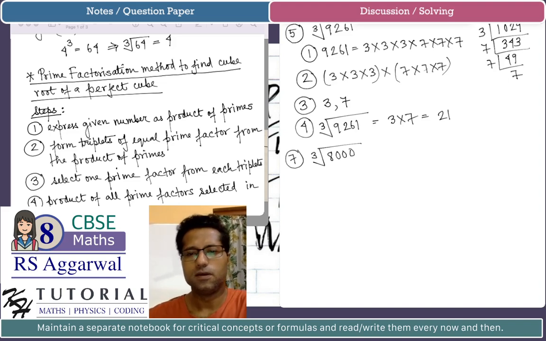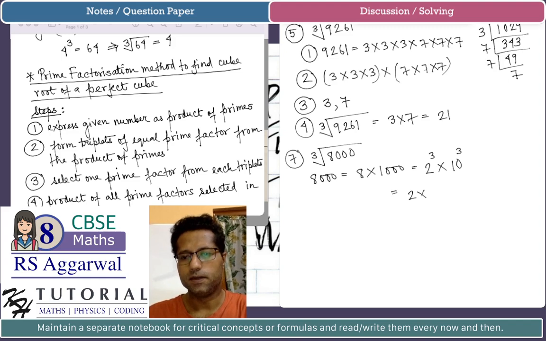For example, we have to find the cube root of 8000. Now 8000 I know is equal to 8 multiplied by 1000. This is equal to 2 cube multiplied by 10 cube. So this is equal to 2 into 10 whole cube.